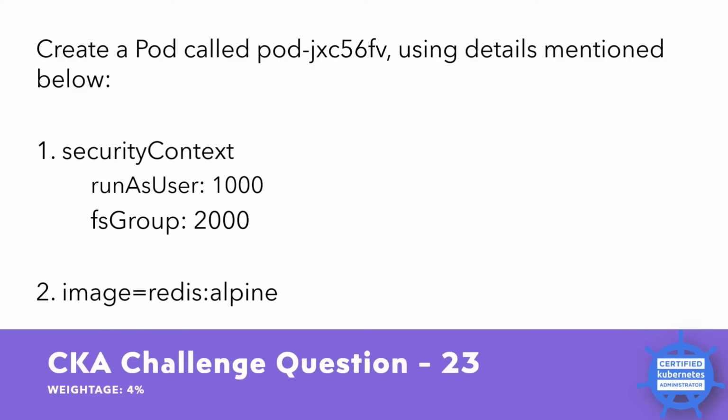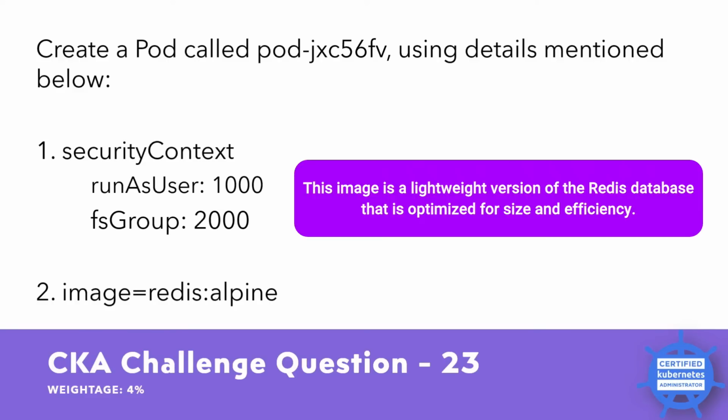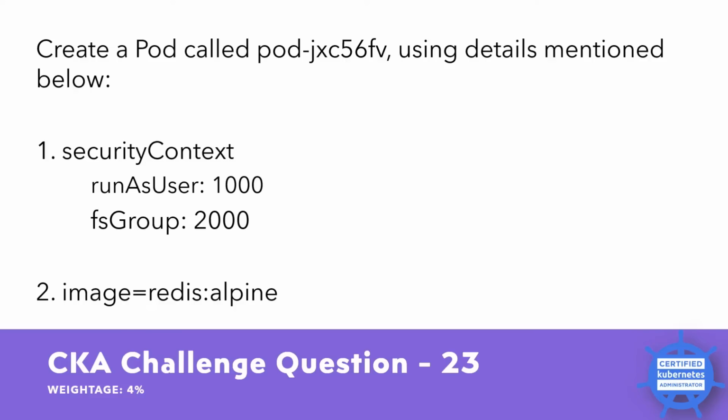The pod should use the Redis image with the tag Alpine. This image is a lightweight version of the Redis database that is optimized for size and efficiency. To create the pod with these details, you would need to define a YAML manifest that includes the pod specifications.